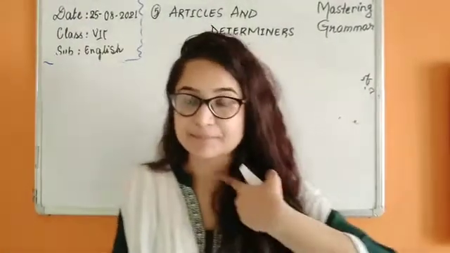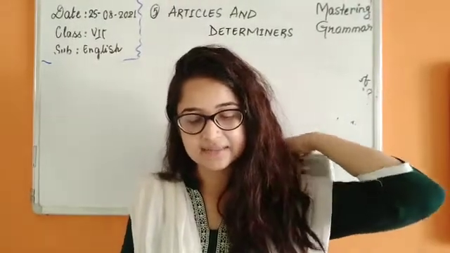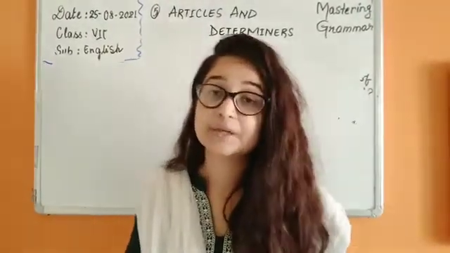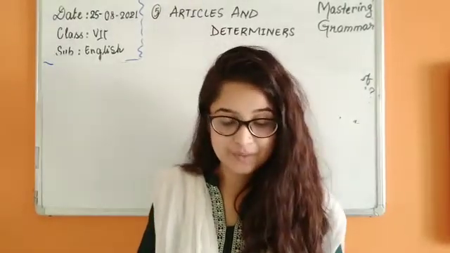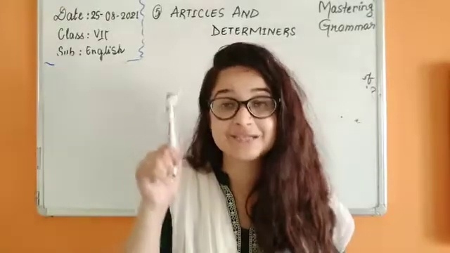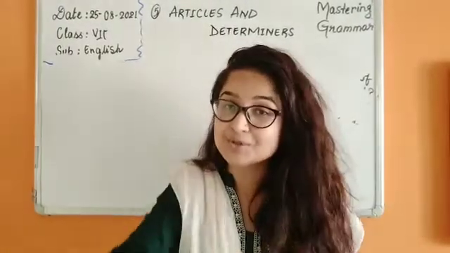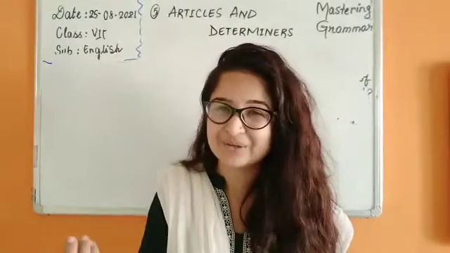Now let's see what we have been told here. We use article the when we refer to a particular person or thing. So we are going to use the when we are talking about particular things. If I am saying the pen, I am talking about this pen only. If I am talking about a pen, I am talking about any pen, right?